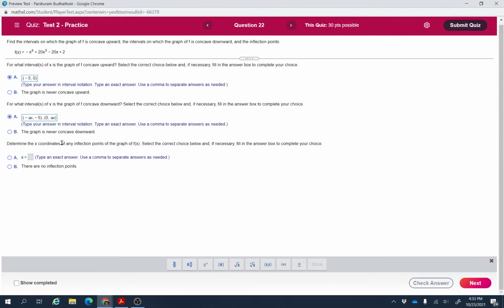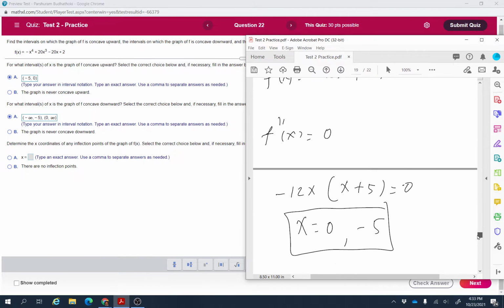Finally, determine the x coordinate of any inflection point. Remember, an inflection point is where the second derivative is 0, or where the second derivative does not exist. Or, an inflection point is a point where the graph changes concavity.